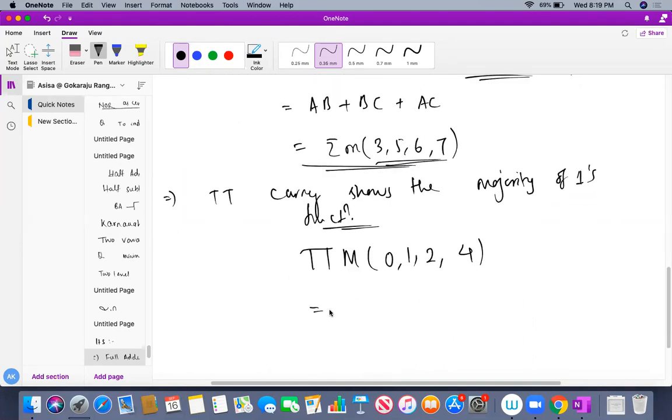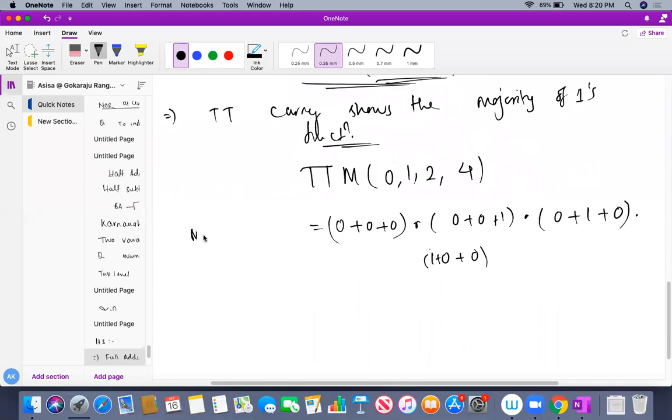How? Very simple. You can do it like this: 0 or 0 or 0, and 0 or 0 or 1, and 0 or 1 or 0, and finally 1 or 0 or 0. So now you can express again the same way we have done, like max terms. For a max term, 0 means uncomplemented, 1 means complemented.